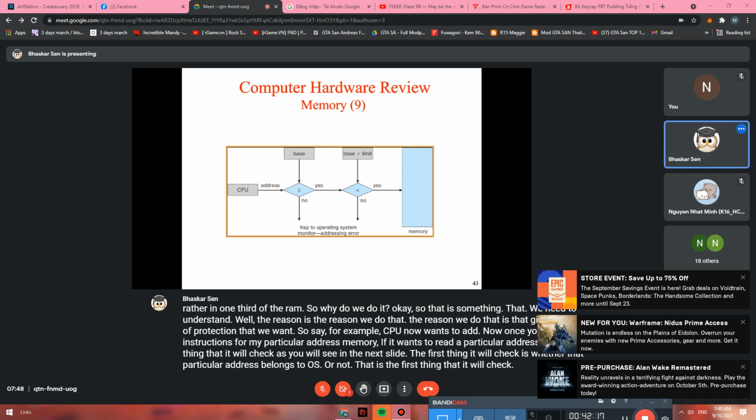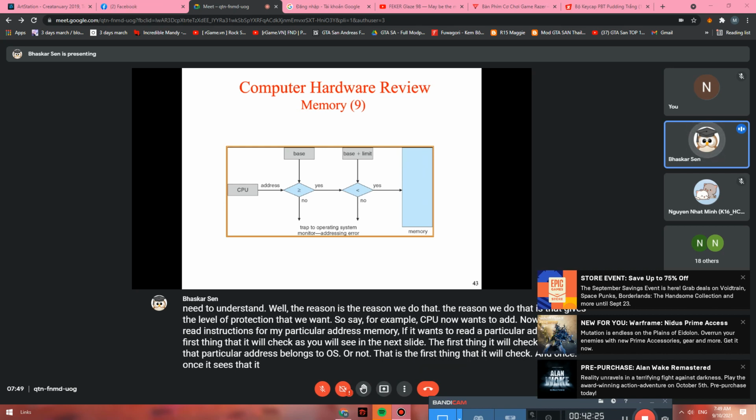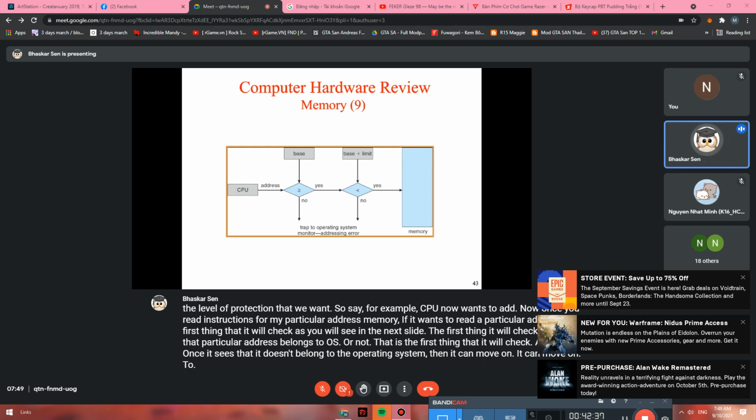And once it sees that it doesn't belong to the operating system, then it can move on to execute it.